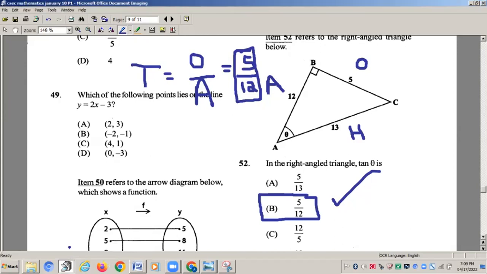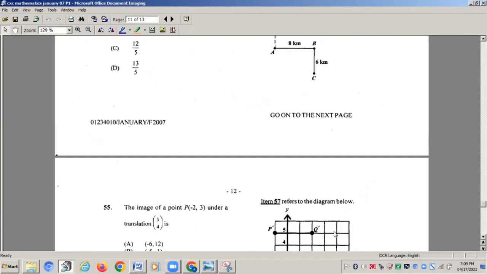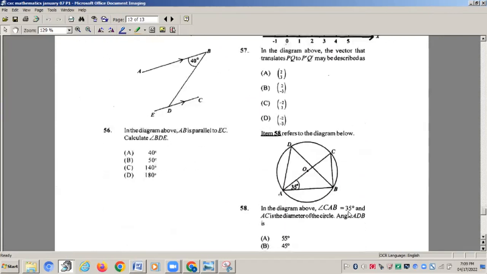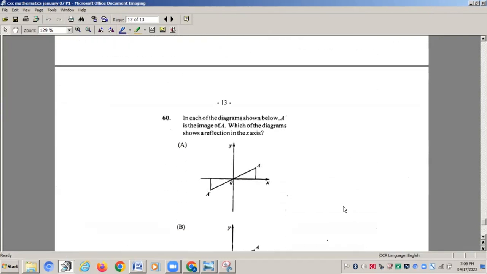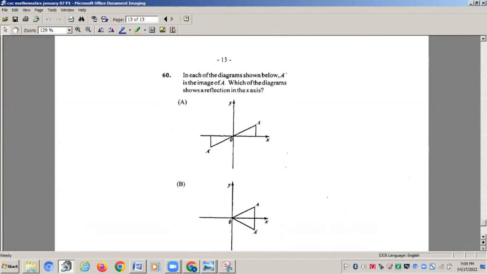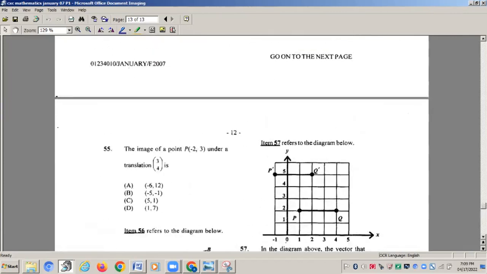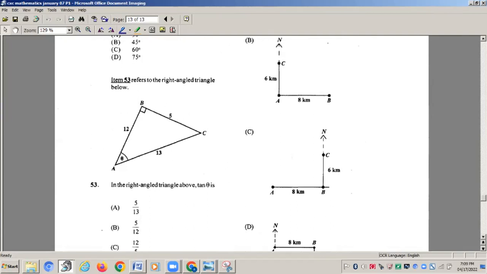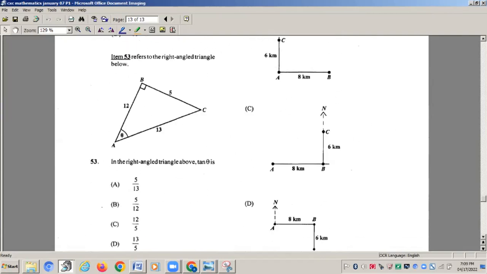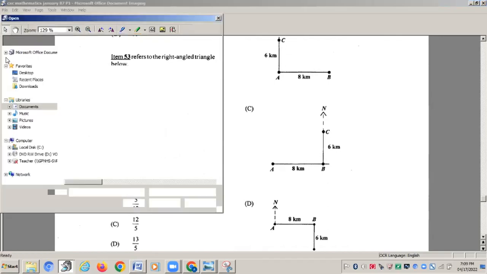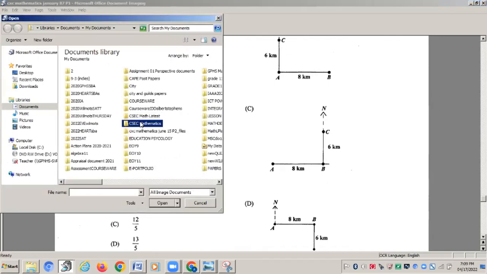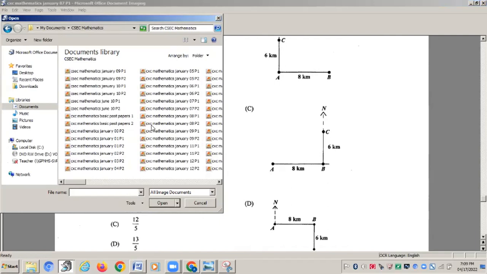All right, let's look at, oh, this question repeats.